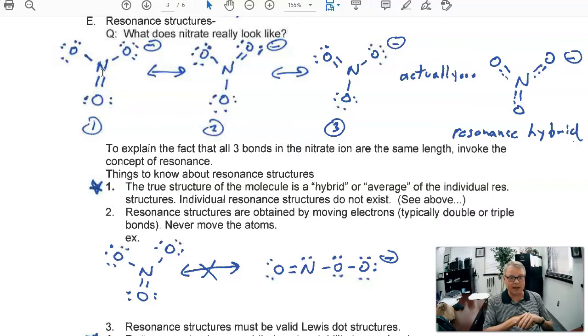And when you look at it, you actually see every single one of those bonds is exactly the same length and strength. And that's what this little dotted line means. That means it's kind of a partial bond. These bonds are shorter and stronger than your average nitrogen-oxygen single bond, but they're longer and weaker than your average nitrogen-oxygen double bond. All right?